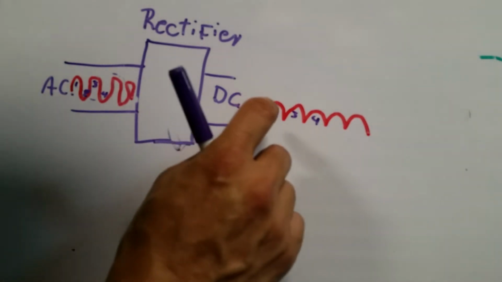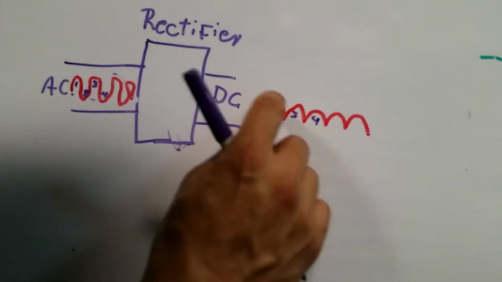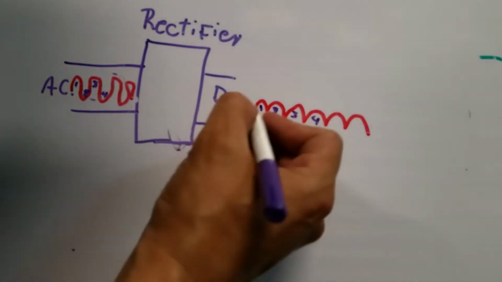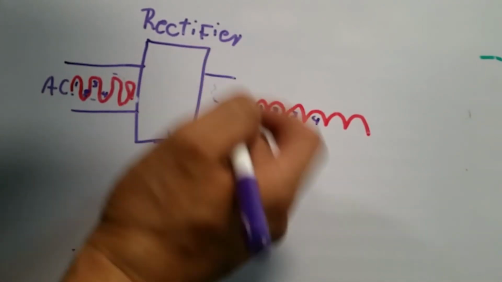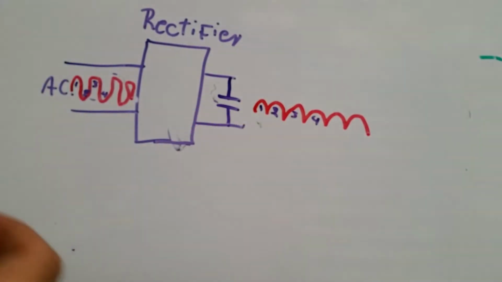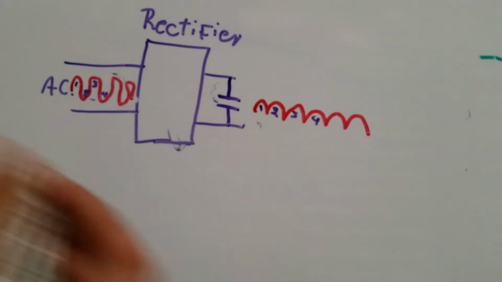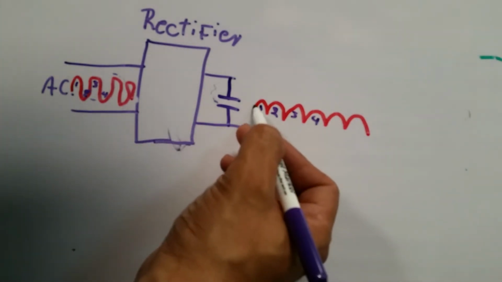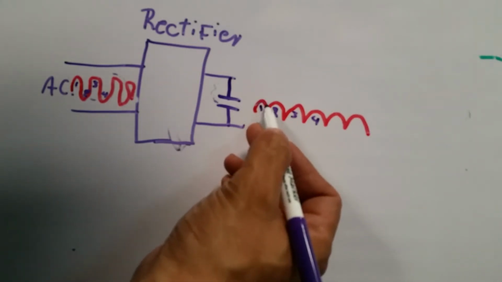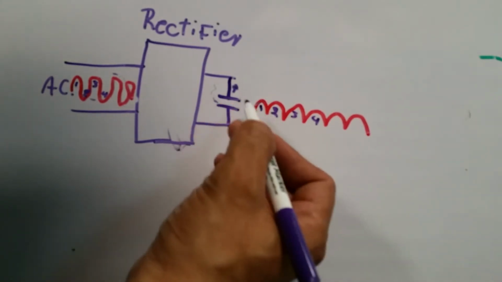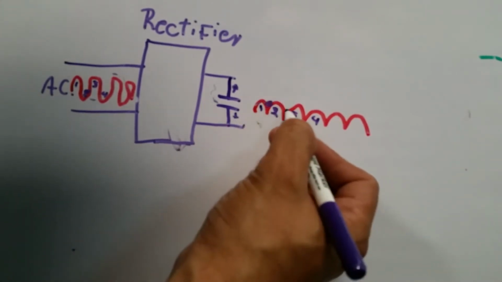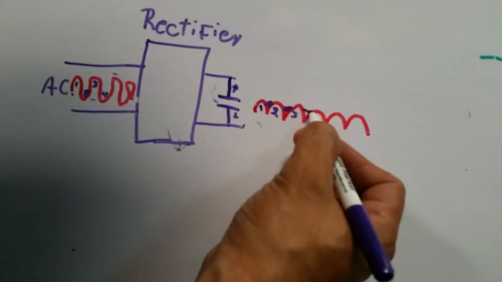But the problem is that this DC is kind of wavy, so it is not smooth. One quick way to fix it is to put a good capacitor right there at that side. What happens is that in this part the capacitor is going to charge, but when it gets to here, as power starts decreasing, the capacitor starts giving out the power that it got, and it starts filling in the blank, so as to smooth out the signal.